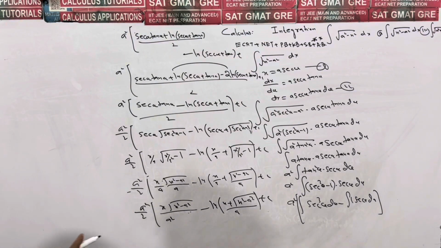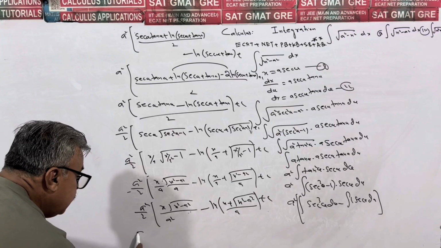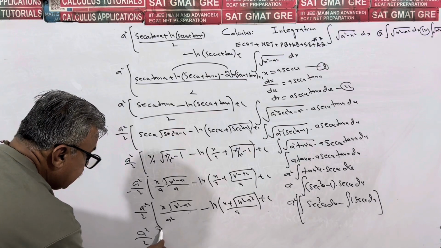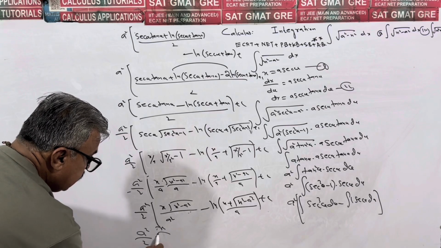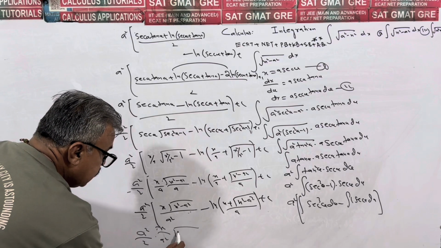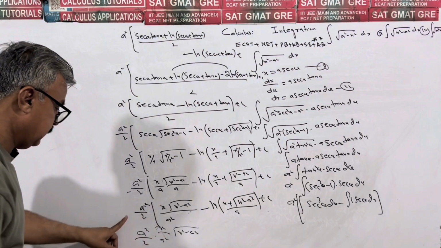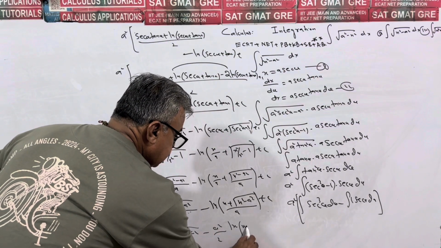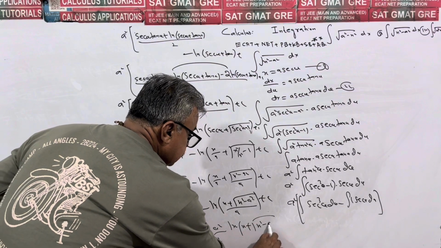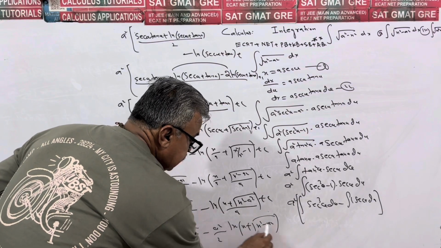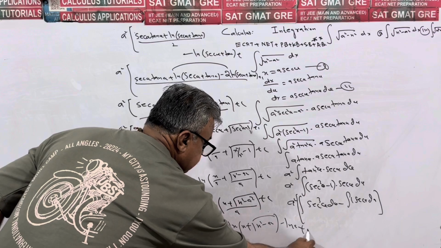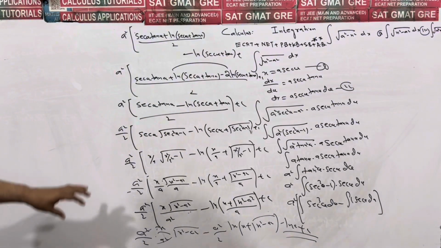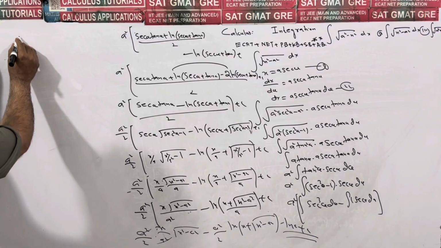So we have something like that: a²/2 times, I'm multiplying a²/2 throughout, x over a² times √(x² − a²), minus a²/2 ln|x + √(x² − a²)|, and this ln a can be written as minus ln a plus c. Constant, another constant, and another constant, that's our final answer.